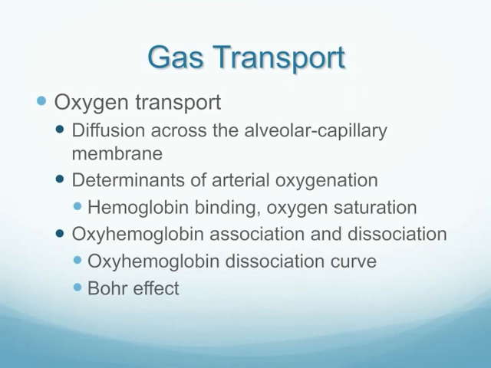Our determinants of arterial oxygenation include how well that oxygen is able to bind to hemoglobin, and there are things that interfere with that, and our oxygen saturation. We'll talk more about those two concepts in a moment. Oxyhemoglobin association and dissociation by way of the oxyhemoglobin dissociation curve.